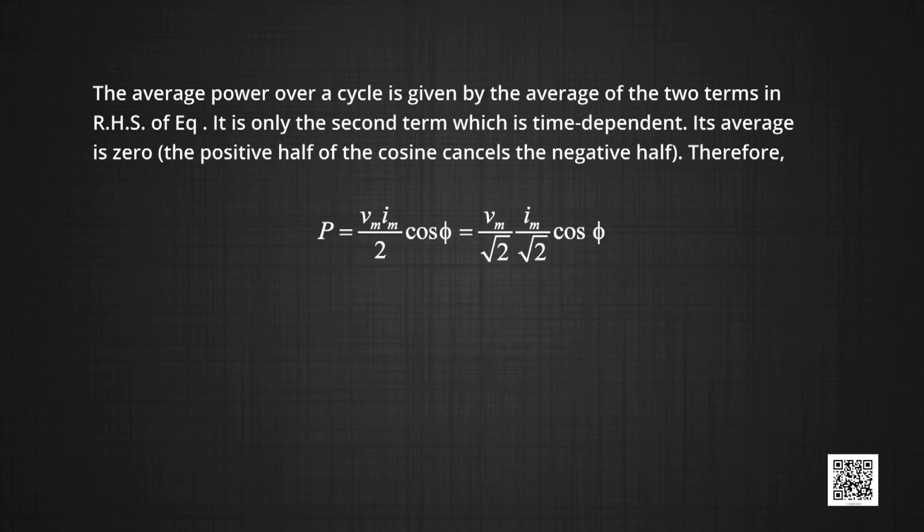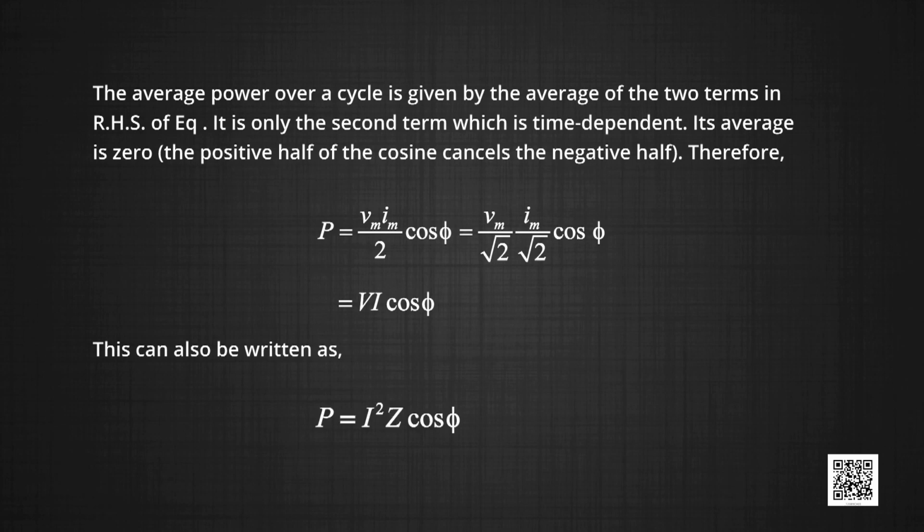Therefore, the power P is equal to Vm Im divided by 2 cos phi, or it can be written as Vm divided by root 2 into Im divided by root 2 cos phi, or P is equal to V I cos phi. This can also be written as P equal to I square Z cos phi, since we know P is equal to I square R, so we can replace I as I square.